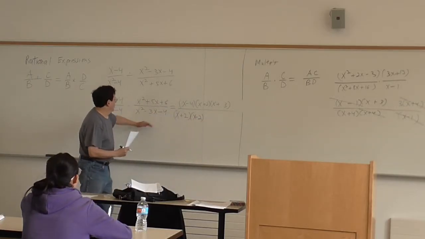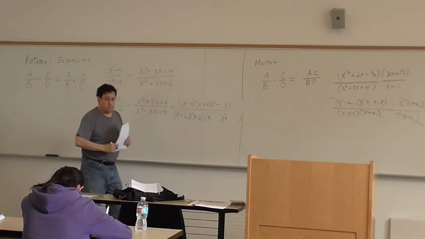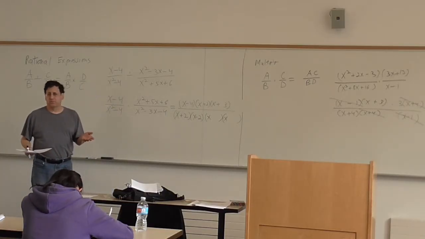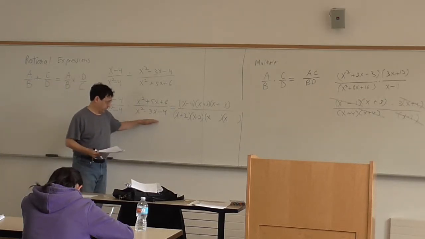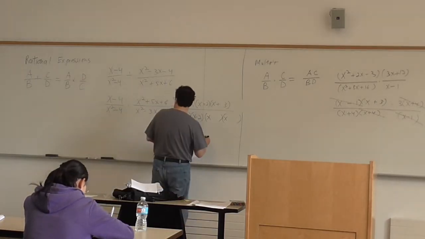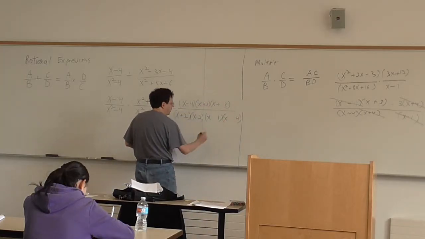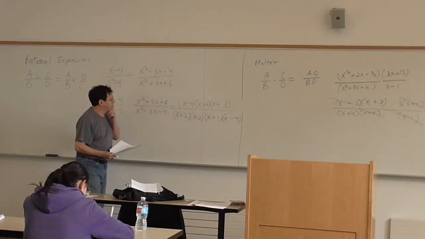And now we have to reverse FOIL this. These problems are set up to work this way. You might find a problem somewhere in the real world or in your homework where FOIL doesn't work. That can happen. Okay, we've got 4 and 1, and we need a minus 4 and a plus 1.